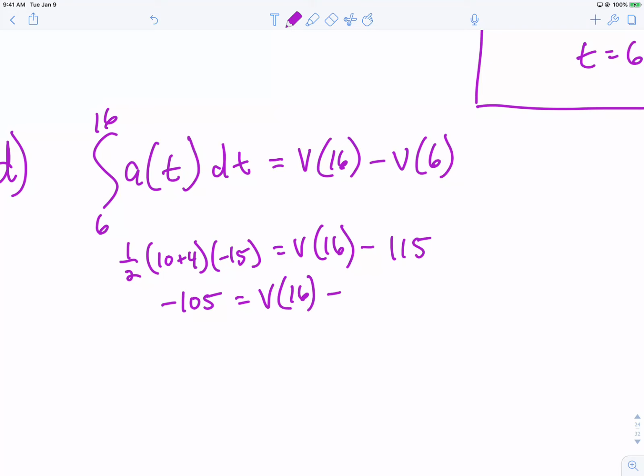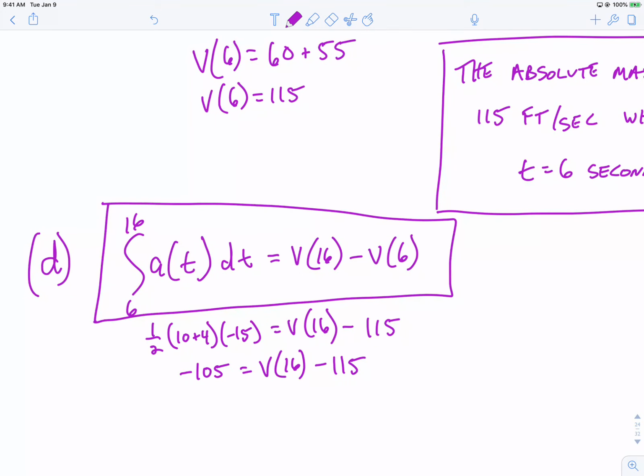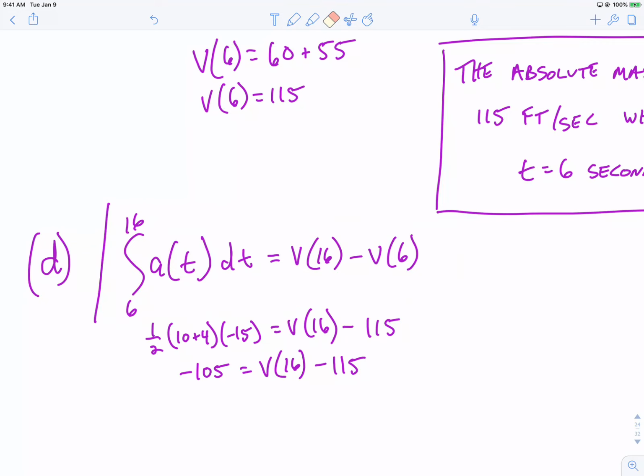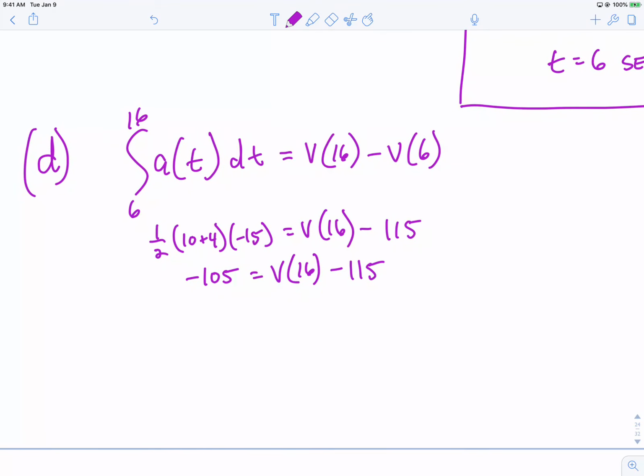That is the net change in velocity. We can start thinking about this as an accumulation function, so we don't always have to do this to find a value of v of 16 or v of 6 like we did earlier. Instead of writing it how we have it here, and we've talked about this in class at this point hopefully, we can say it's v of 6, the value we know, plus the net change.